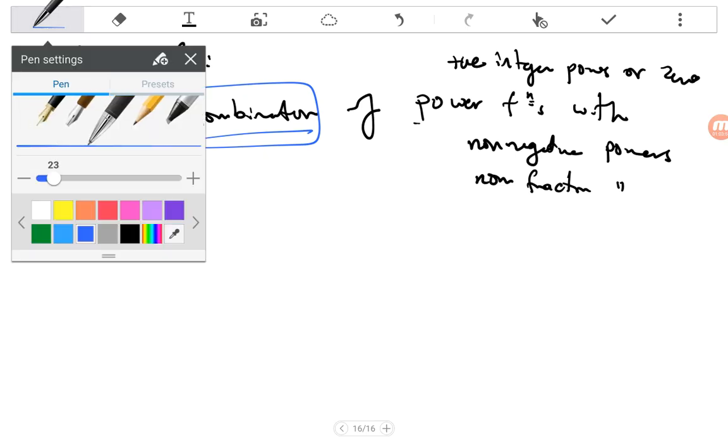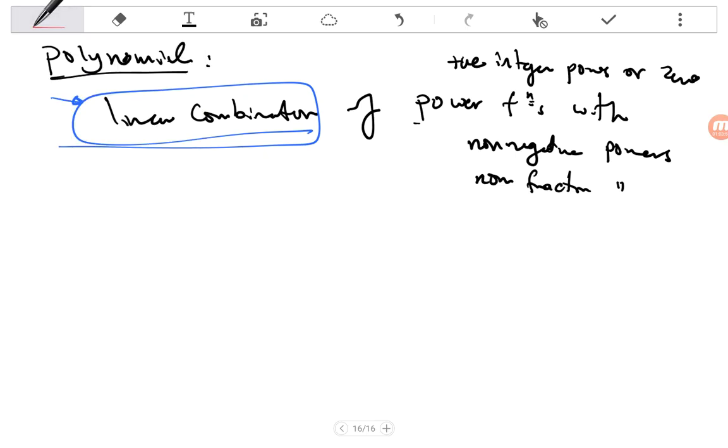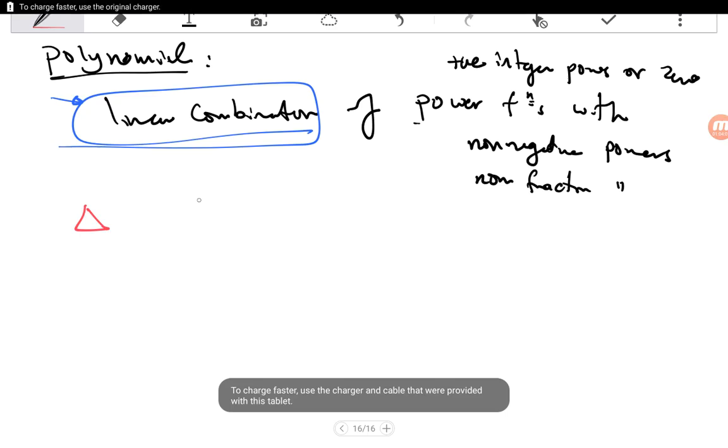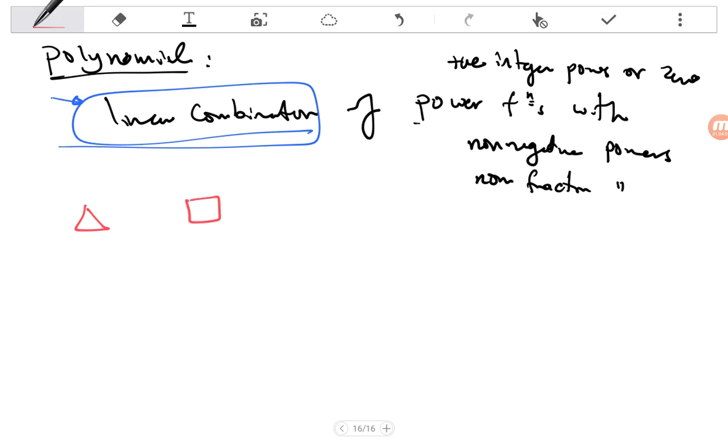For example, if I have some element as a triangle like this and another which is this rectangle, a linear combination between these two elements is to say, for example, 3 triangle plus 5 of the rectangle. That is called a linear combination. If I say 5 triangle minus 7 rectangle, that is also a linear combination.